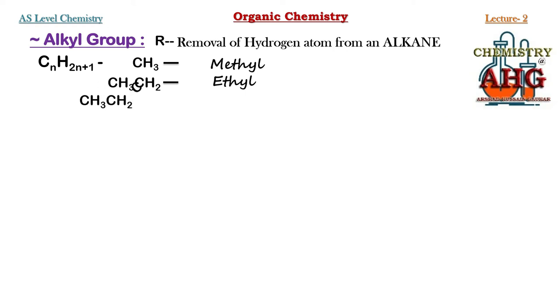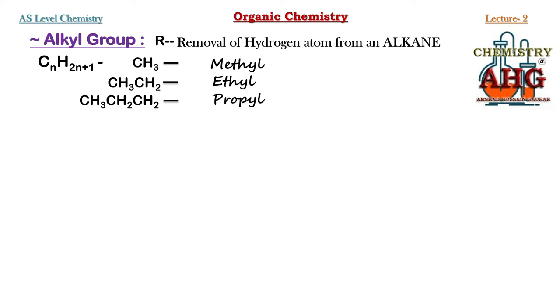You can write it down as CH3, CH2, CH2, but don't forget to place one line at the end of this alkyl group indicating that this can make one more bond. Now what is the name of this alkyl group? This is propyl.